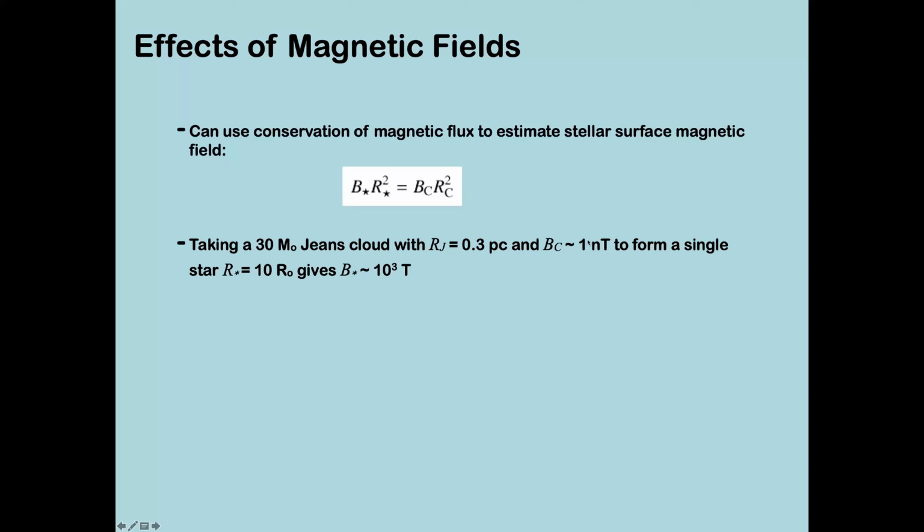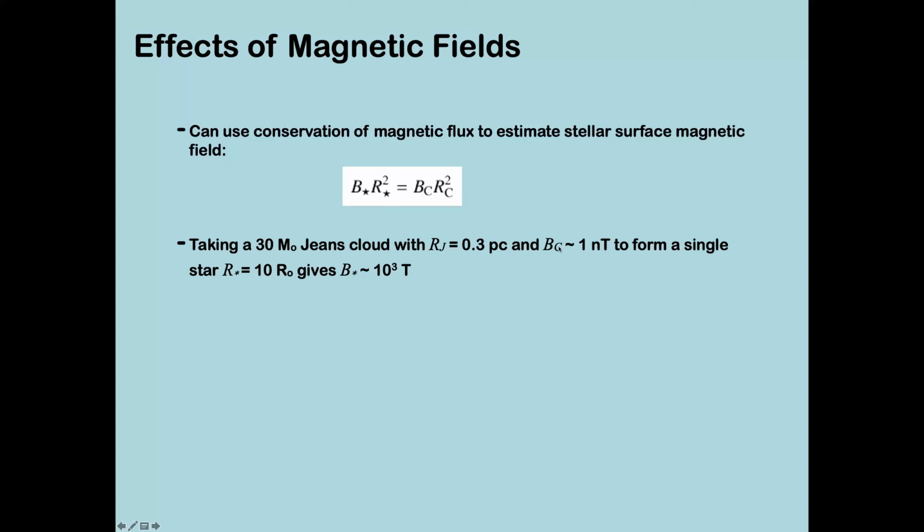This is another unit that you may not be so familiar with. Well, at least astronomers are not, because we always use the Gauss, but there is a correlation between the Tesla and the Gauss. I think a nano Tesla is equal to a micro Gauss, so you can do your conversion.